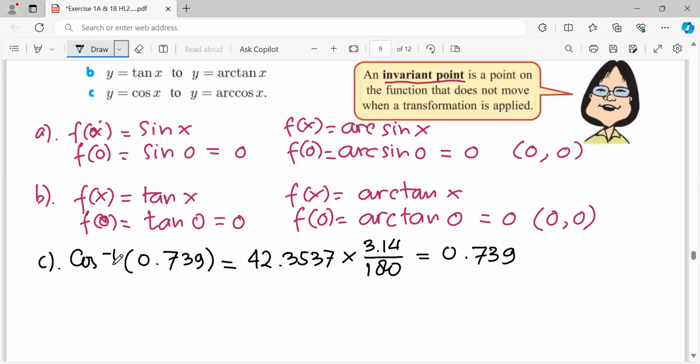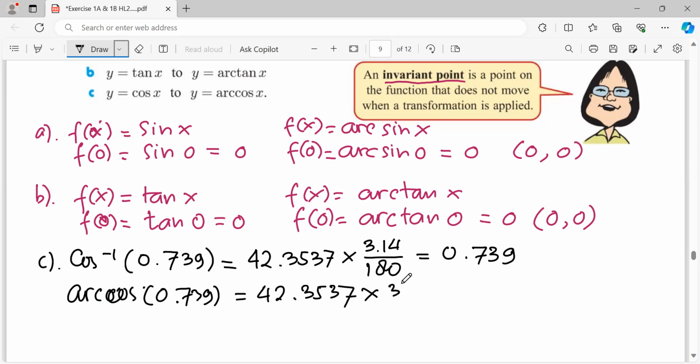So how about arccosine? If x is 0.739, arc cosine 0.739 is 42.3537 degrees, which is 0.739 radians.